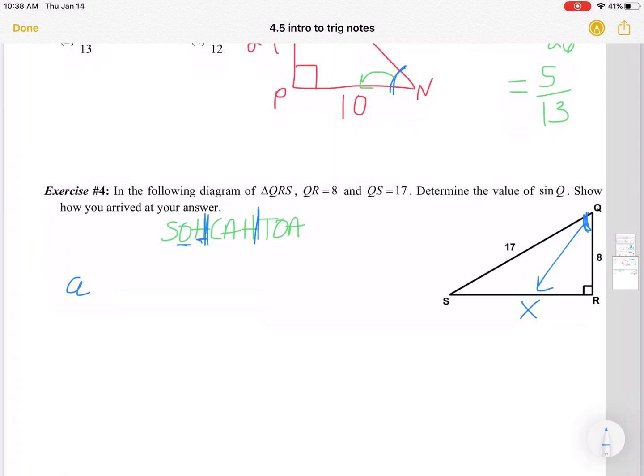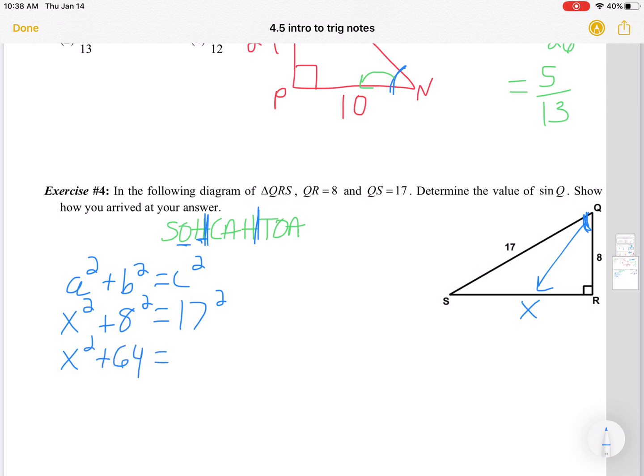A squared plus B squared equals C squared. Okay? We're looking for the length of a leg, and we're given the hypotenuse. So now we need to find the length of a missing leg. So this is a good review. We have x squared plus 64 equals 17 squared, which gives us 289.